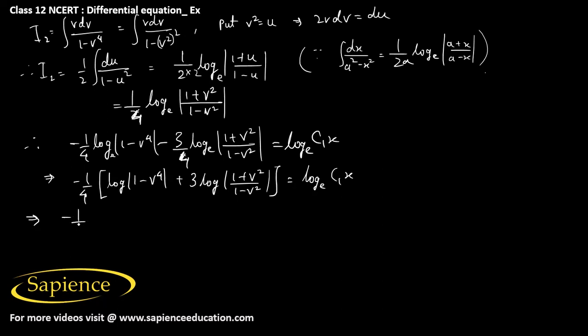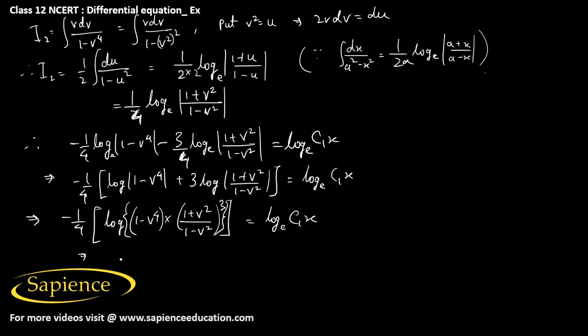So then this will be minus 1 by 4 log of (1 minus v power 4) into (1 plus v square) by (1 minus v square) a whole cube actually. This will be equal to log base e c1x.